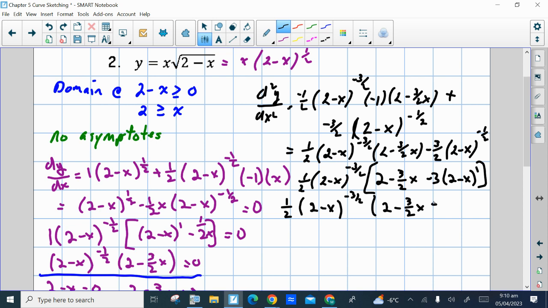Gives us negative 6 plus 3x. And so 2 take away 6 is negative 4. Negative 3/2 x plus 3x would be positive 3/2 x. And then we have the minus 4.